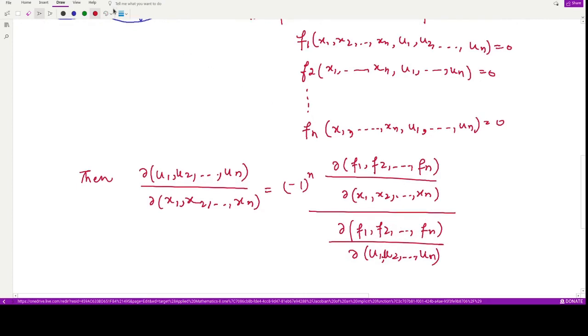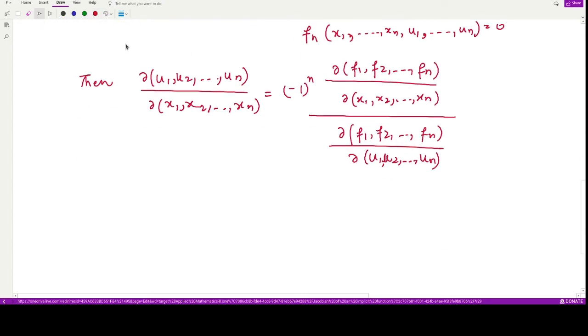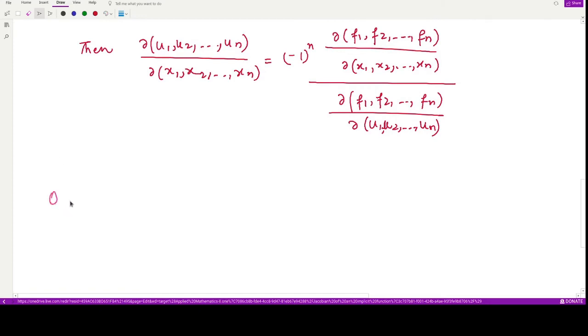Let us now discuss one example regarding this. We are given that x plus y plus z is equal to u, y plus z is equal to uv, and z is equal to uvw. So how many variables do we have here?